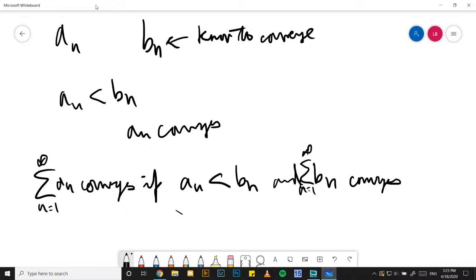So if these two conditions are satisfied, then this one also converges. Now this makes sense, obviously. If you have some larger sequence than a n that does converge, then you know for a fact that the sum of a n must also converge.